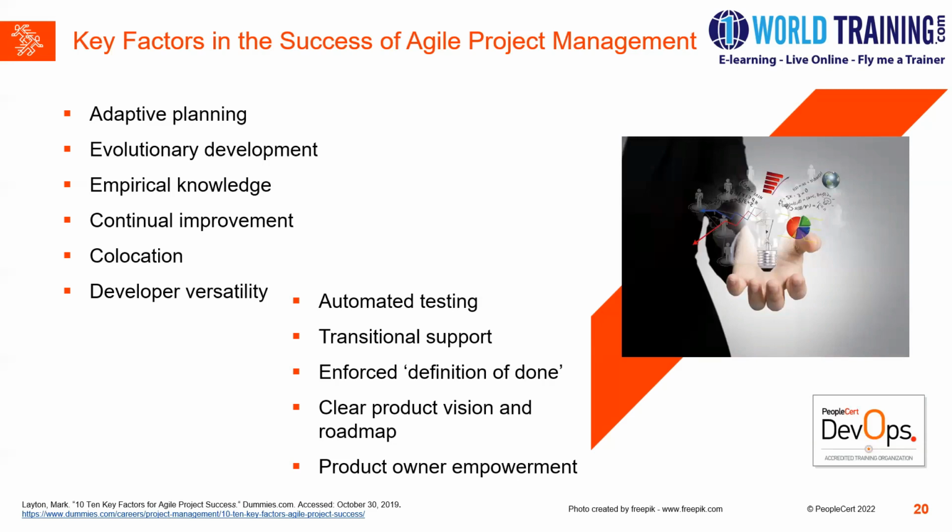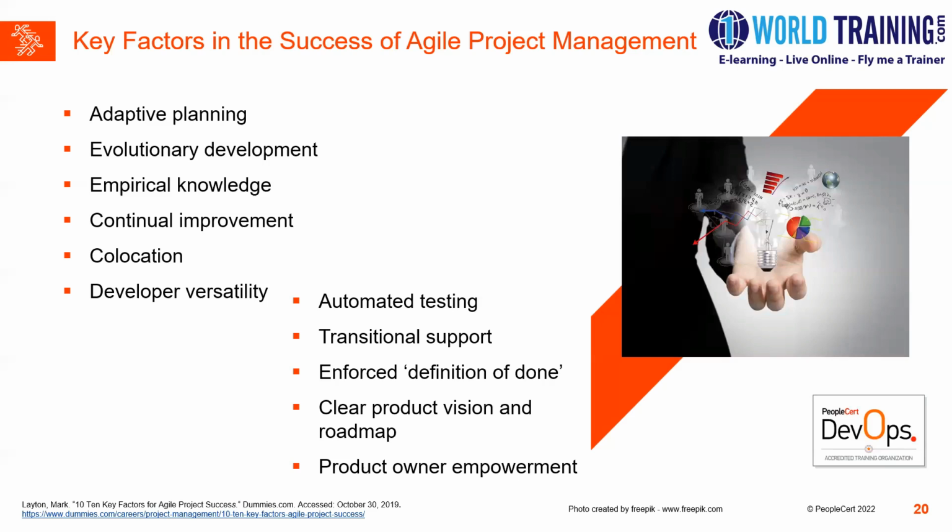There are daily stand-up calls happening. There is multiple coordination required among the team members, and it is always recommended to have all the team members sitting in the same location and in the same area. So co-location is again an important factor for the success of agile project management.